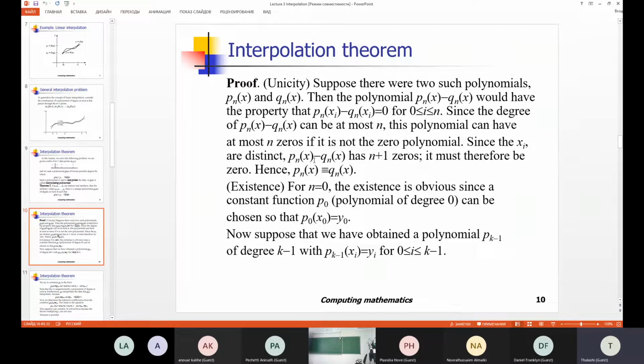There cannot be more roots than n. A polynomial of degree 3 cannot have 4 roots or 5 roots. It has at most 3 roots, no more than 3 roots. And this fact is the basis for this proof.